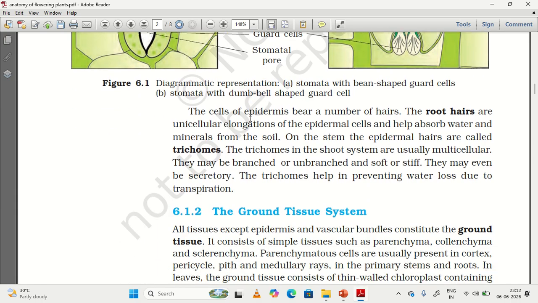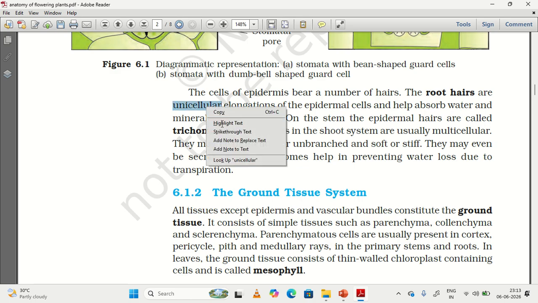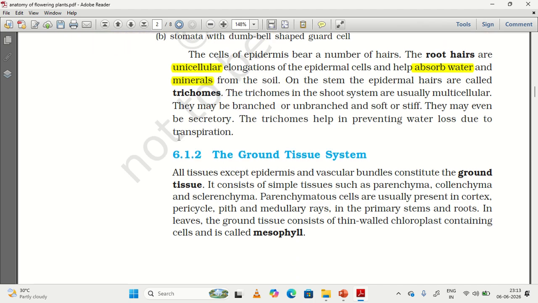The cells of the epidermis bear a number of hairs. The root hairs are unicellular, and the elongation of epidermal cells helps in the absorption of water and nutrient minerals from the soil.